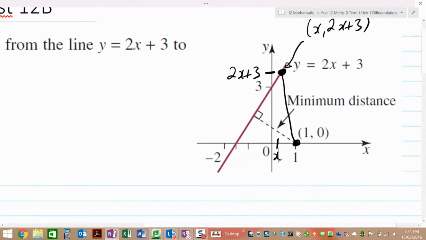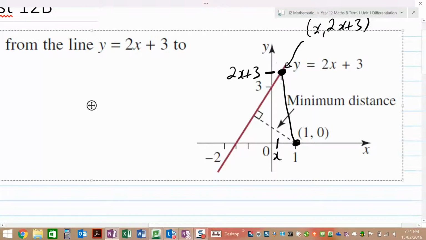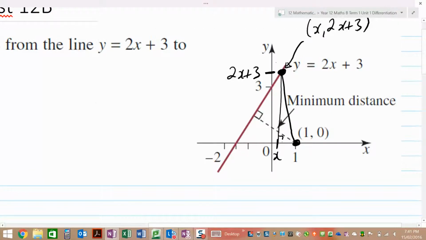I'll make this a little bit bigger. I really have a right angled triangle here. I'm trying to find this hypotenuse C. This distance here is 1 minus x. This distance here will be 2x plus 3 minus 0, or just 2x plus 3.